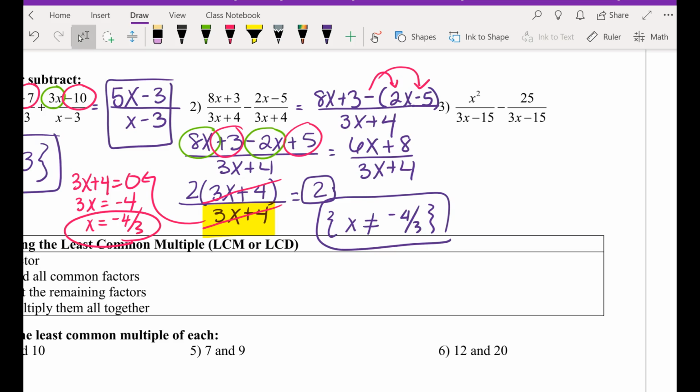3. Here we go. X squared all over 3x minus 15, take away 25 all over 3x minus 15. Dominic, are the denominators already the same? So we're going to write it over. If we write the denominator over, Amina, what would be the numerator?